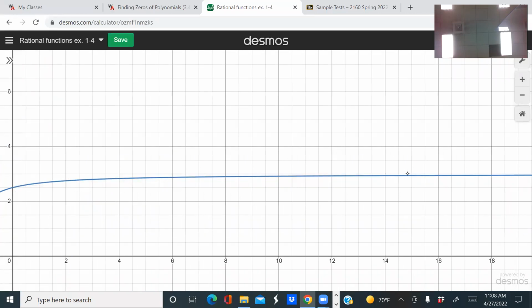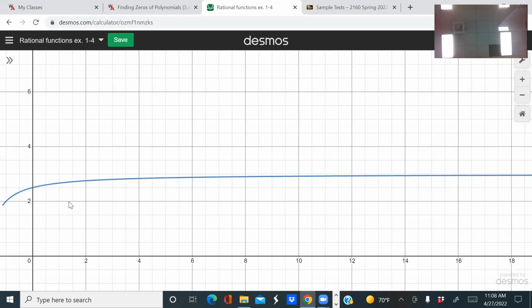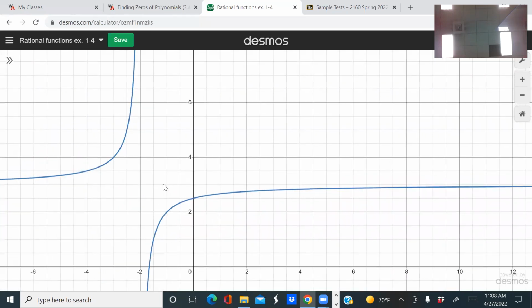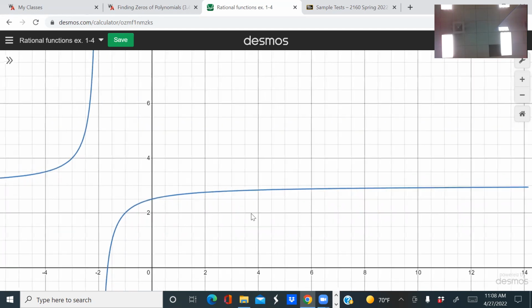The graph is also sort of flattening out and looking more like a horizontal line, and it's approaching the same horizontal line, isn't it, on the left and the right? And you guys are saying, I think it's 3. So it looks like the graph is getting close to y equals 3, but it looks like it doesn't touch it, right?